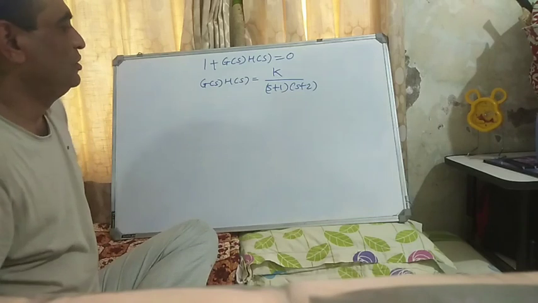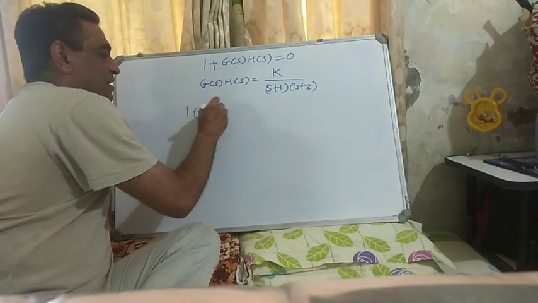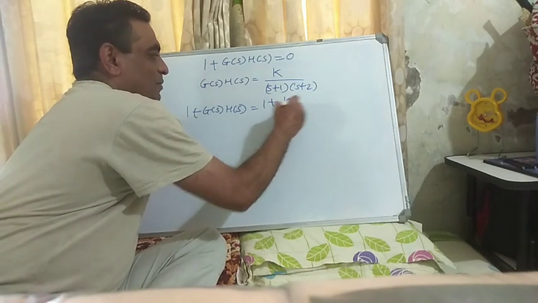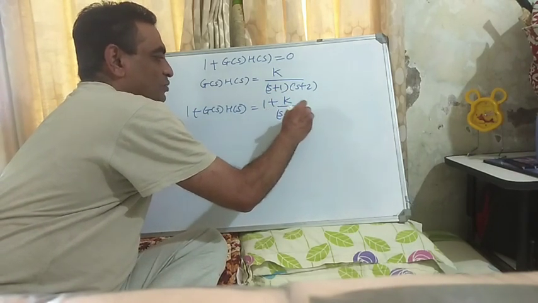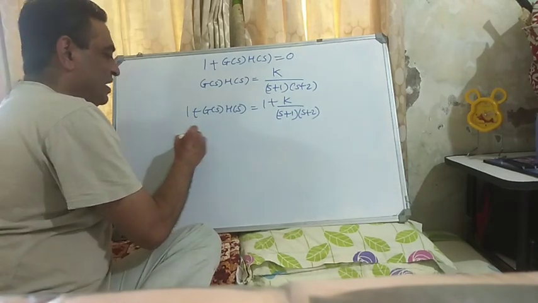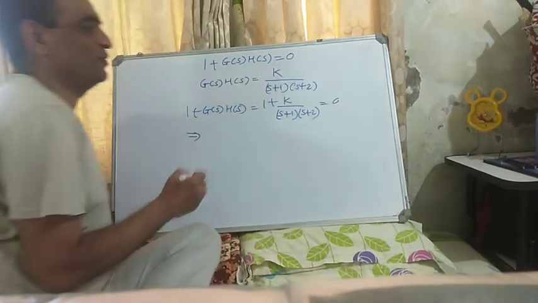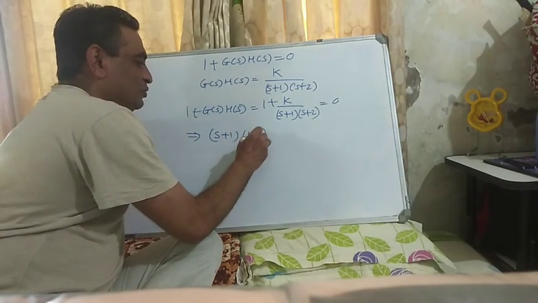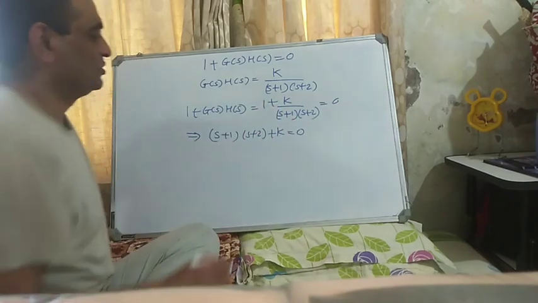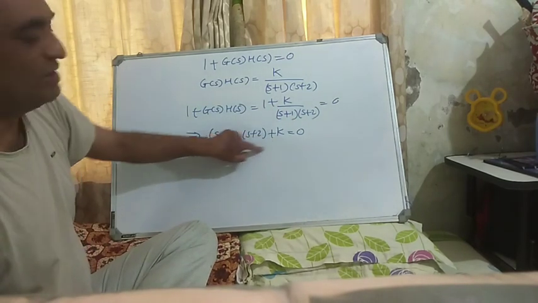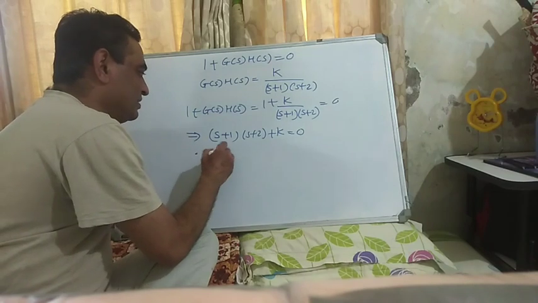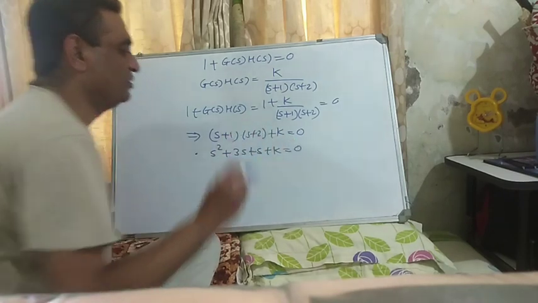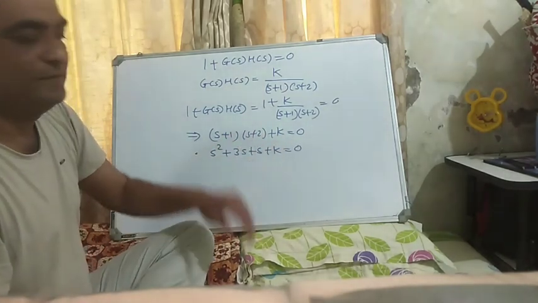So 1 plus g(s)h(s) is equal to 1 plus k upon (s plus 1)(s plus 2), and this equals 0, the characteristic equation. So (s plus 1)(s plus 2) plus k is equal to 0, that is, s square plus 3s plus 2 plus k is equal to 0. This is a function of k.